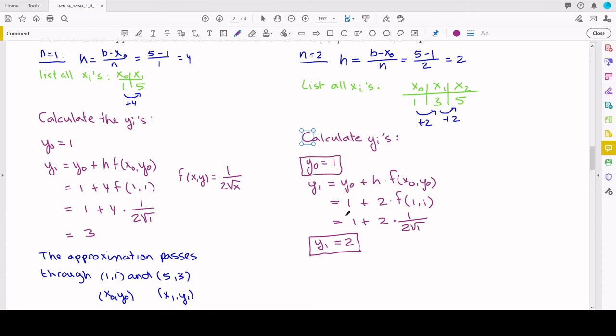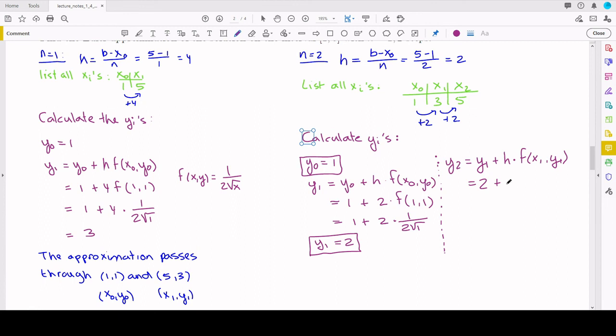Now I'll draw a box around it so that we can keep track of that, because when we do y2, we need to refer back to y1. So let's do that on the side here. So we have y2 equals the previous y1, plus h times f of x1, y1, and y1, that's equal to 2.